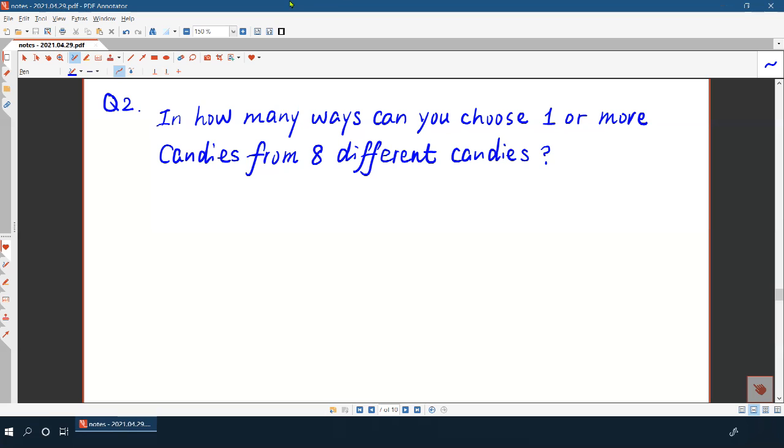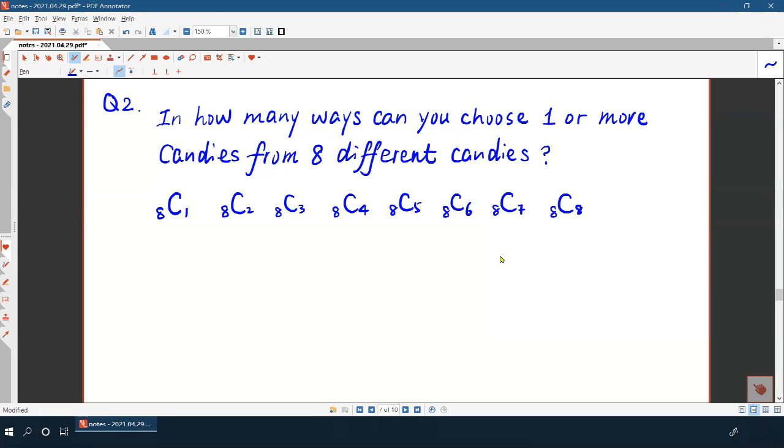All right, any ideas? In how many ways can you do this? We have 8 different candies, right? The total number of ways you can do this is you can choose any one from the 8 candies, and you can also choose any 2 from the 8, or any 3 from the 8, or any 4 from the 8, any 5 from the 8, and any 6 from the 8, or any 7 from the 8, or choose them all.